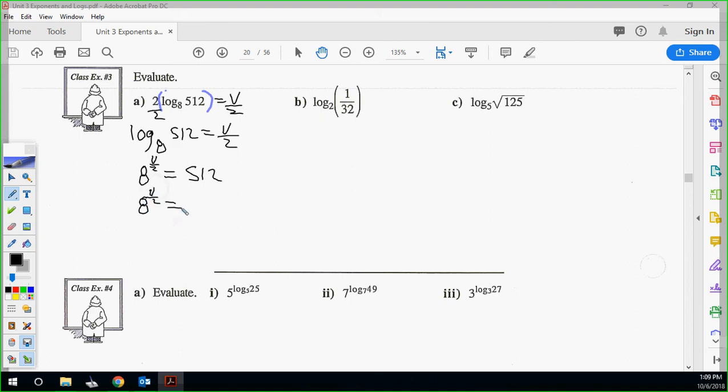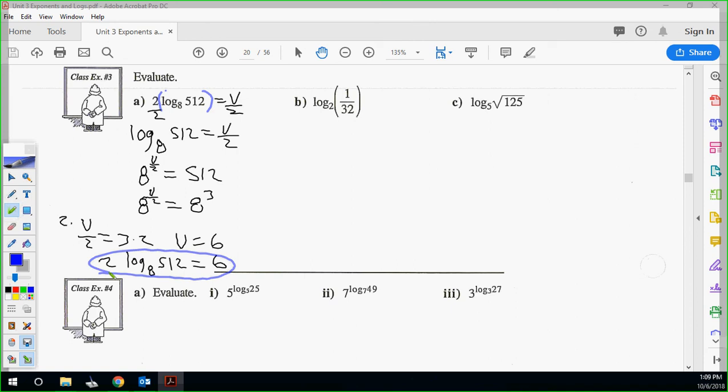So here we are. And now we have a simple algebra problem. v over 2 equals 3. How do you get rid of the 2? We multiply. So v equals 6. So then our answer over here, we would write fully 2 log base 8 of 512 equals 6.